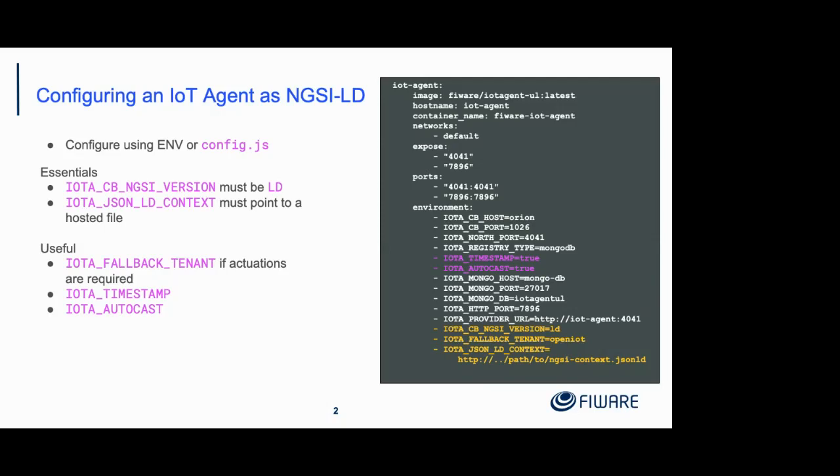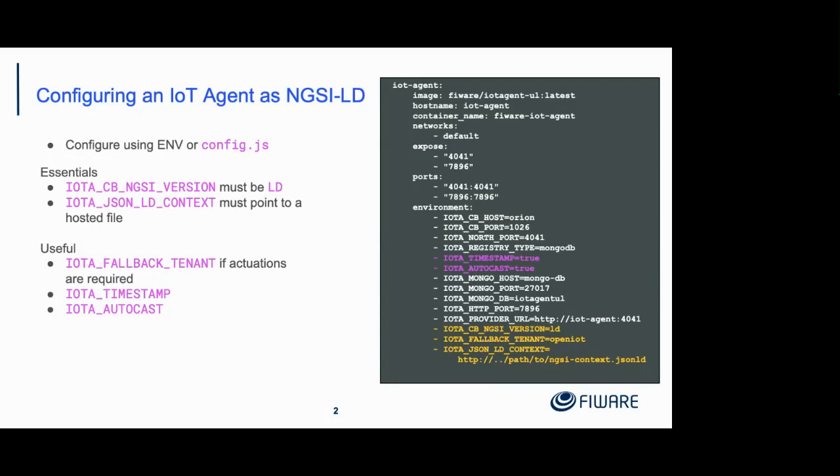You can actually get an IoT agent which is capable of dealing with V2 or LD messages, but we're talking about a system which is NGSI-LD only. You need to set it as LD because the default is V2 for obviously backwards compatibility reasons. You know, the IoT agents have been around a lot longer than the LD bit of NGSI, and if you don't set that, it will attempt to update to a context broker using the V2 format and using the V2 endpoints, which obviously is not what you want.